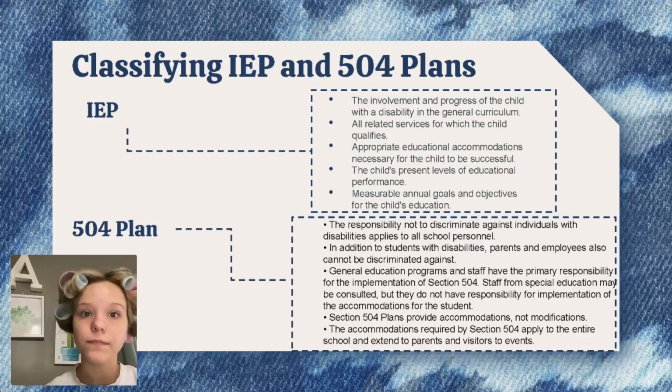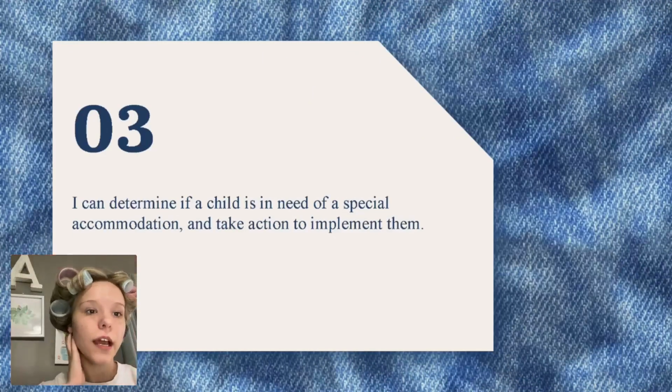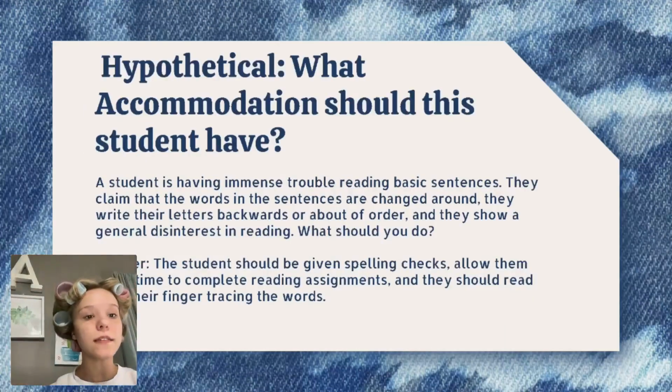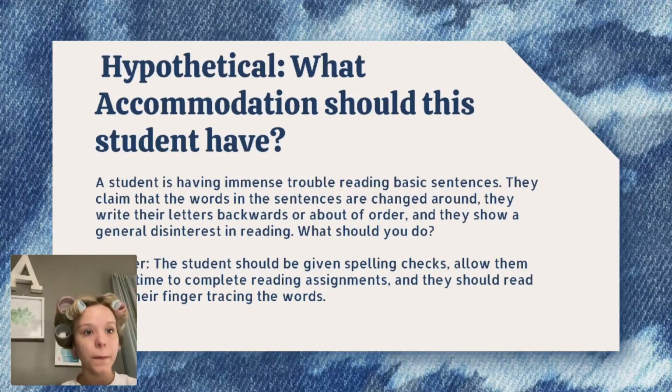Number 3, I can determine if a child is in need of a special accommodation and take action to implement them. So let's think about this hypothetical situation. What kind of accommodation should this student have? And then I'm going to have a surprise question at the end. A student is having immense trouble reading basic sentences. They claim that the words in the sentences are changed around, they write their letters backwards or out of order, and they show a general disinterest in reading.